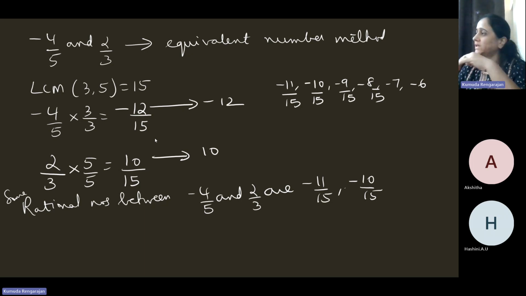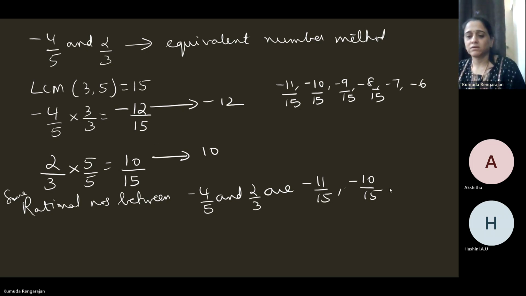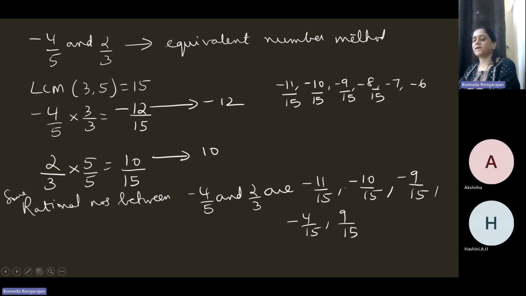Numerators minus 12 to 10. So many integers are there, no? Minus 10, minus 9, minus 8, minus 7 by 15. You write so many numbers. And if it is possible to simplify, you should simplify the numbers. You should not leave it like that. So if you write minus 10 by 15, you should simplify it to minus 2 by 3. All right?